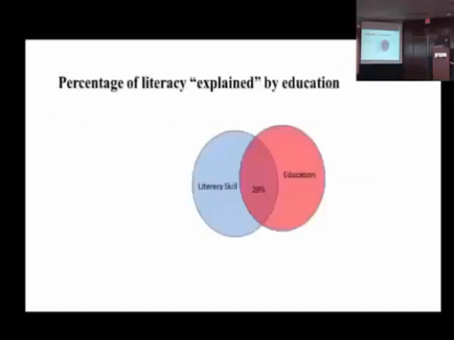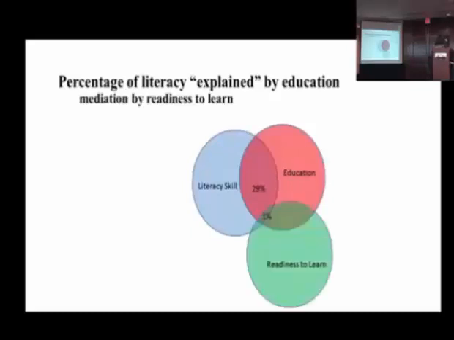And just as a graphic, as an example of this mediation effect, if you look at the effect of education on literacy skill, education, controlling for the other variables in the model, everything except readiness to learn, accounted for about 29% of literacy skill differences. And when we entered in readiness to learn, that really explained about 1% of that 29% that education was explaining. So it partially mediated the effects of education.